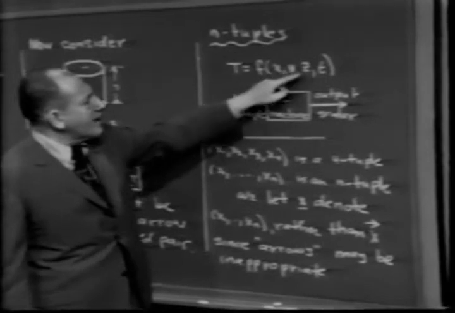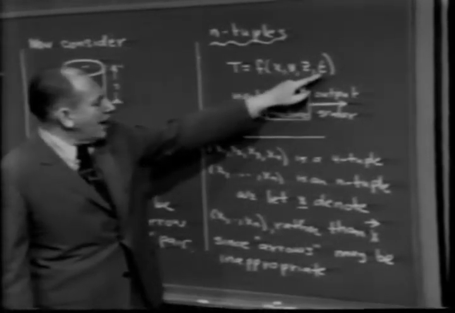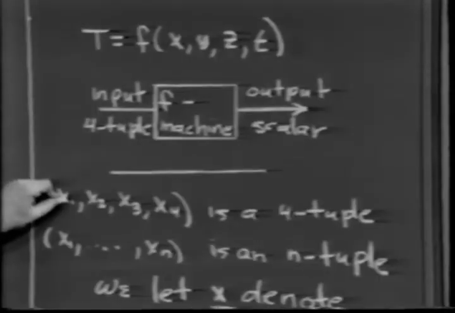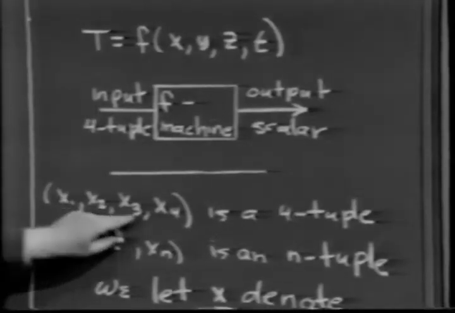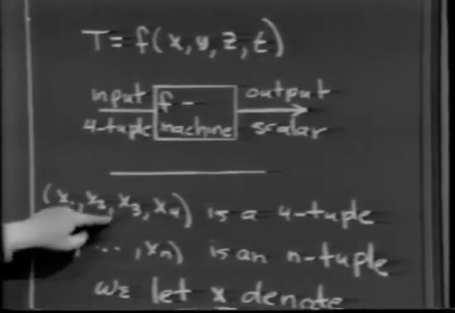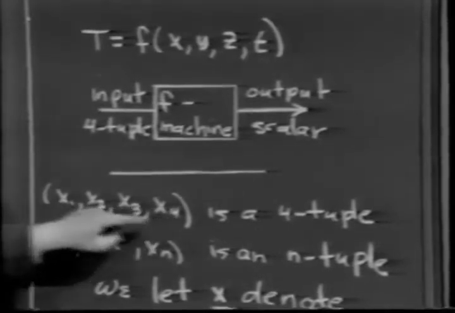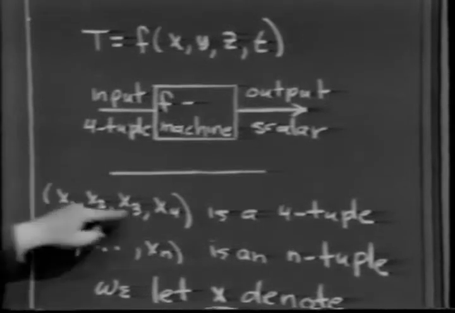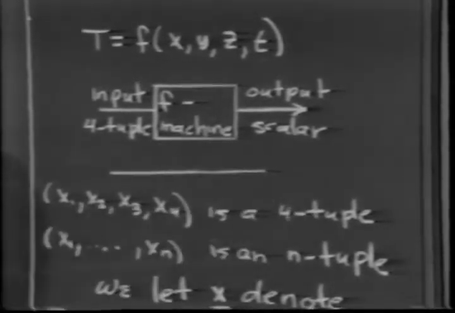Namely, instead of saying let x, y, z, t be a 4-tuple, what one usually does is chooses one symbol, say x, and then uses subscripts. Namely, a general 4-tuple would have the form what? x1, comma, x2, comma, x3, comma, x4, where x1, x2, x3, and x4 are numbers. And an expression like this is called a 4-tuple.